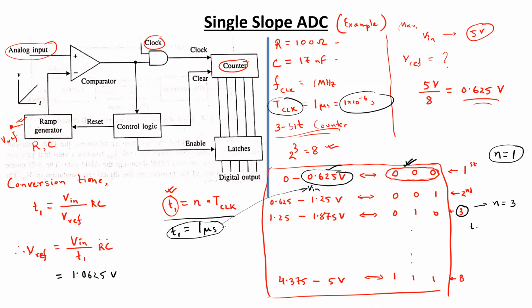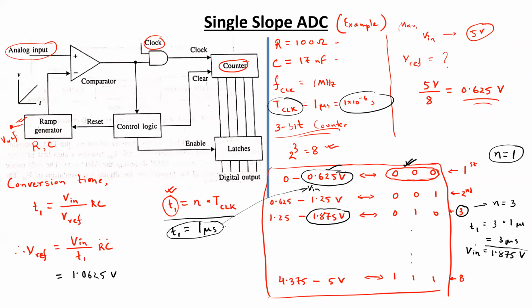So the value of T1 would be, in this case, 3 into 1 microsecond, or 3 microseconds. And the maximum range of the input voltage for the third quantization state is 1.875.